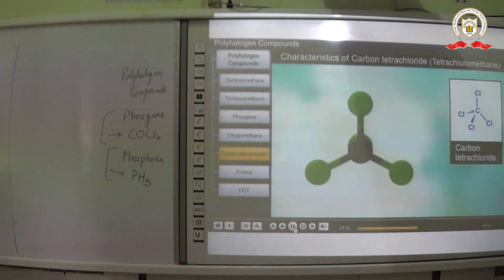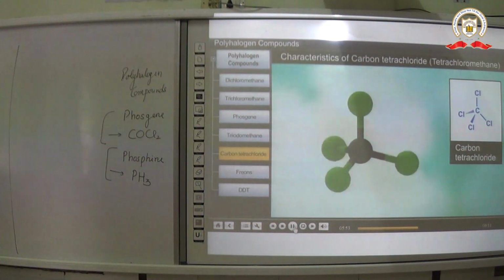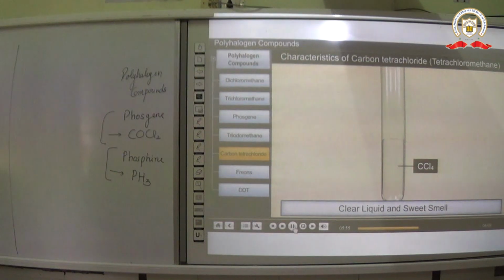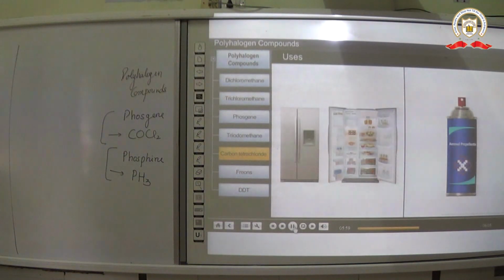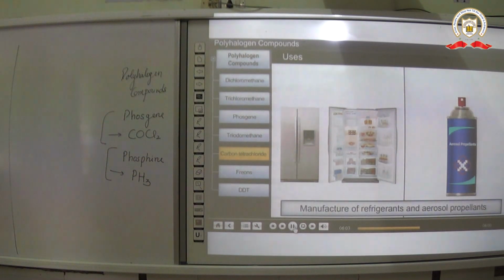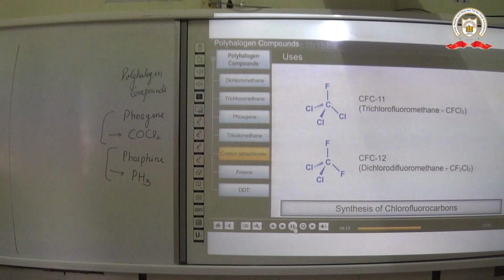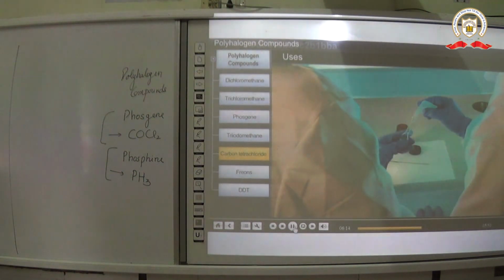Carbon tetrachloride, or tetrachloromethane, is a clear liquid with a sweet smell. It has a variety of uses, including in the manufacture of refrigerants and aerosol propellants. It is used in the synthesis of chlorofluorocarbons. It is widely used as a solvent.